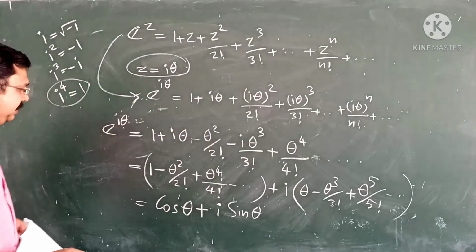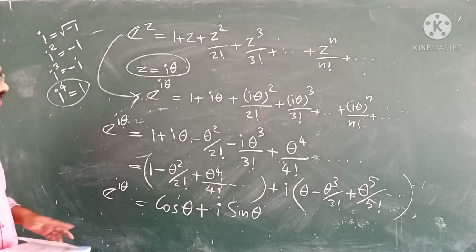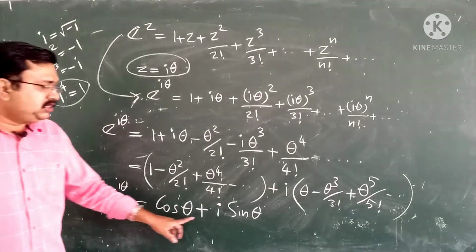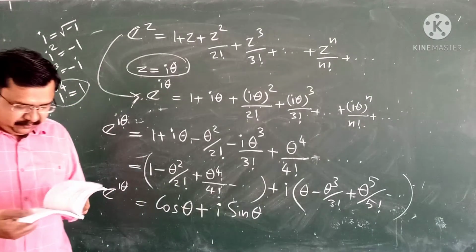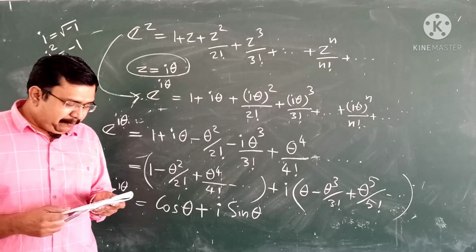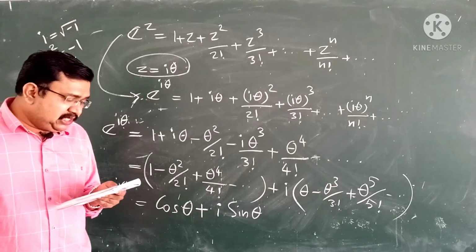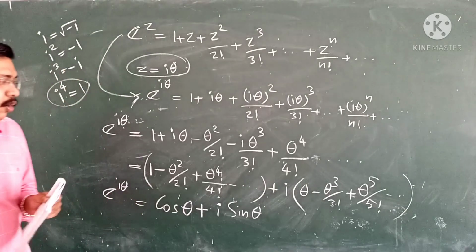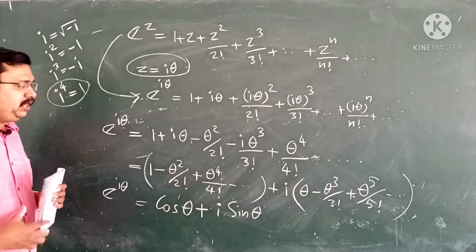Remember that e raised to i theta is equal to cos theta plus i sin theta. Very important. This relationship is called Euler's formula.